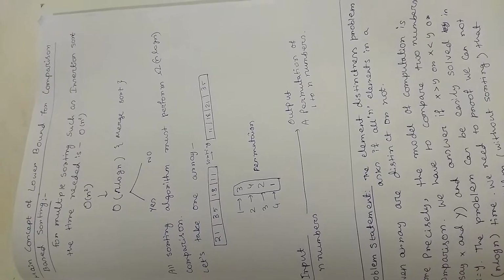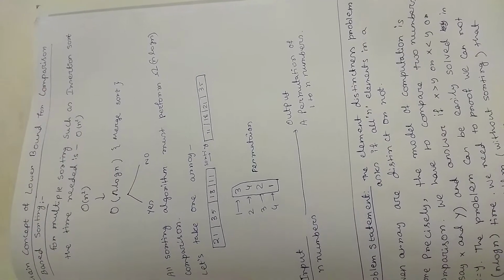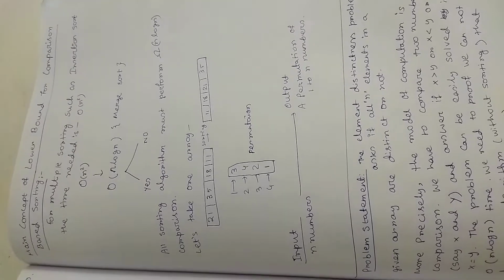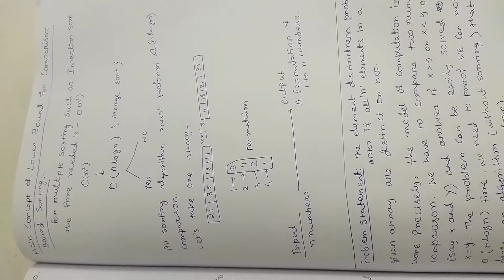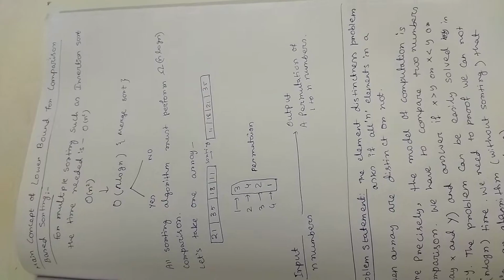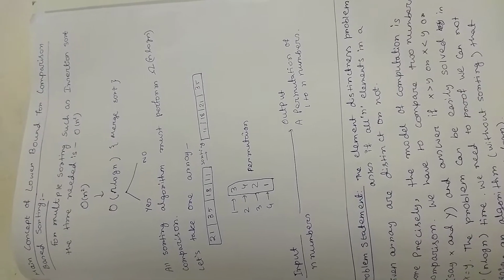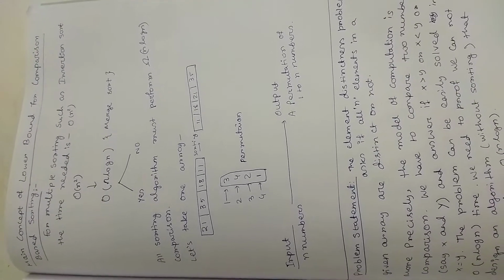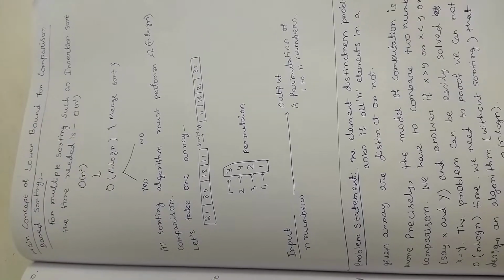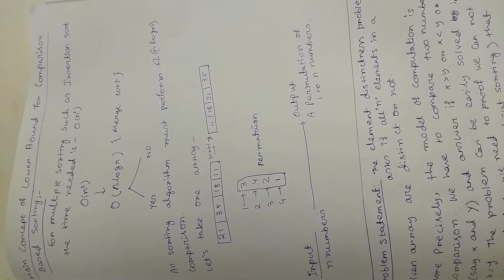In this way we get one permutation of the numbers. When we give an input of n numbers, we get a permutation of 1 to n, and the best case will be order of n log n.